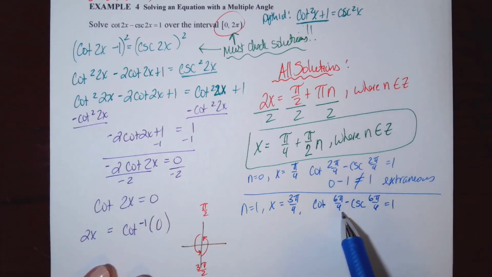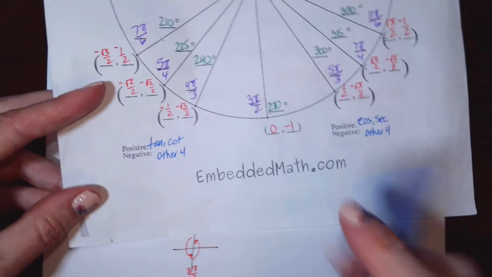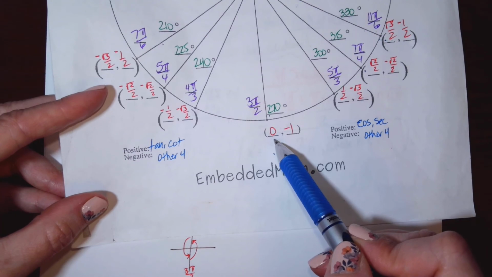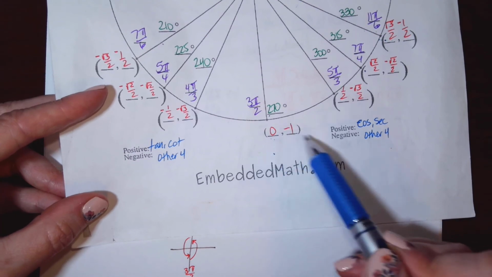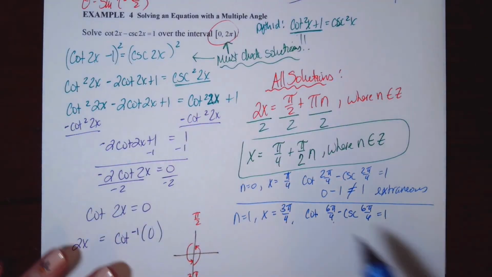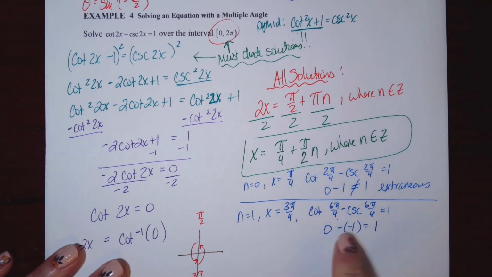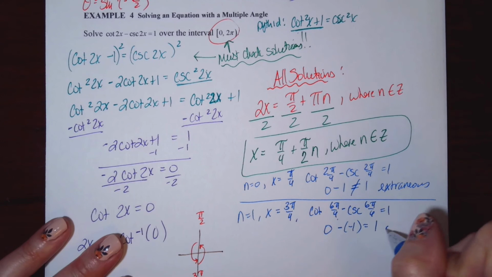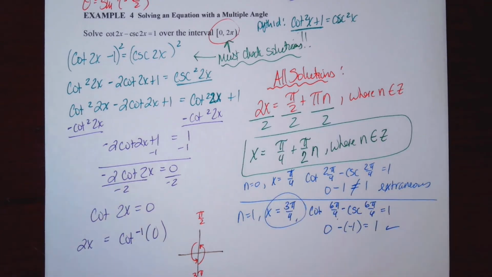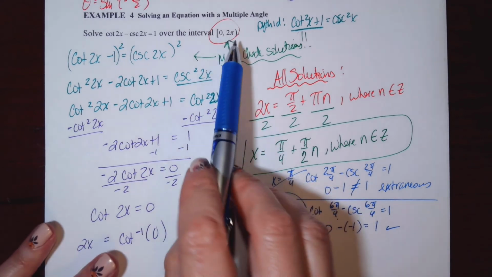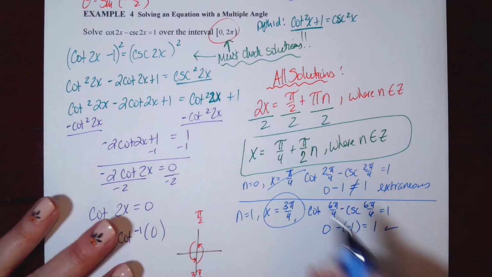Well, 6 pi fourths is 3 pi halves, so 3 pi halves is down here. Cotangent is 0. That's why we picked that angle. Cosecant is -1. So cotangent there is 0 minus cosecant, which is -1, is 1. Minus the -1, that's positive. That works. That's a valid solution. That one was extraneous, this one is valid. Now we only have to work our way around through to 2 pi.